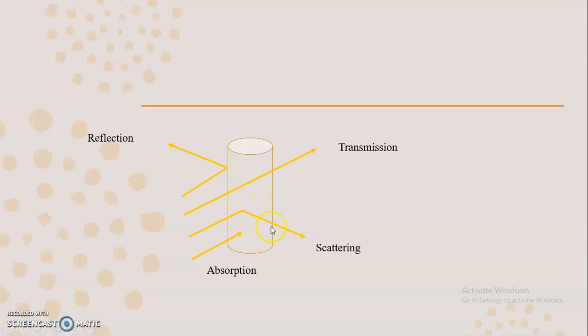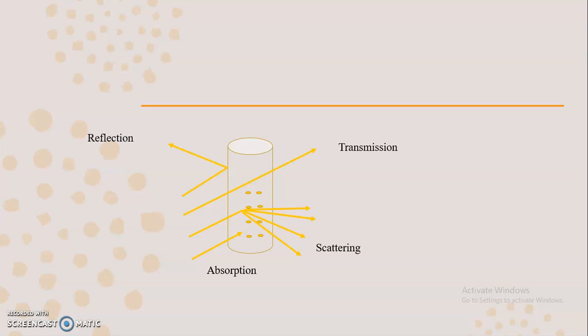This phenomenon is known as scattering. Now if our solution consists of more undissolved or insoluble particles which are not transparent to the light, then the scattering effect is more, means the light will be scattered in n number of directions.